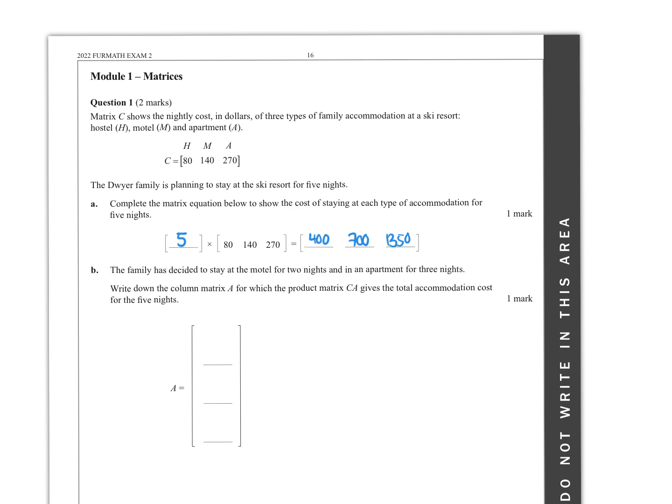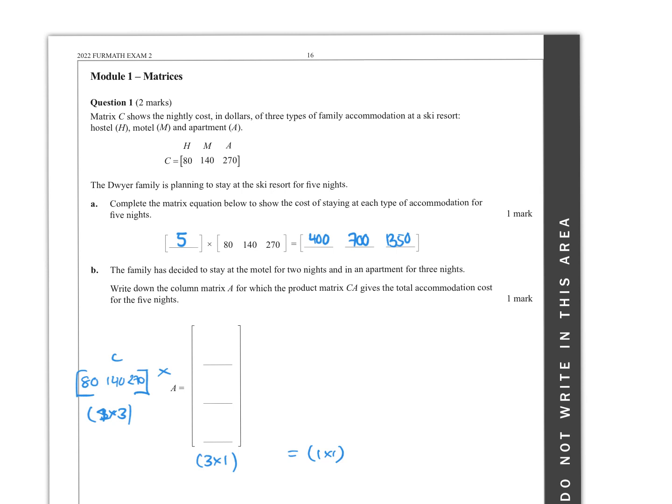So that means they're going to multiply C, which I'll just put in front, so that'd be 80, 140, 270. That's C. They're going to multiply it with this A, and that gives the total accommodation cost. You can see this is a 1 by 3, and this is a 3 by 1, and it will end up with a 1 by 1, which is good because that's the total cost.